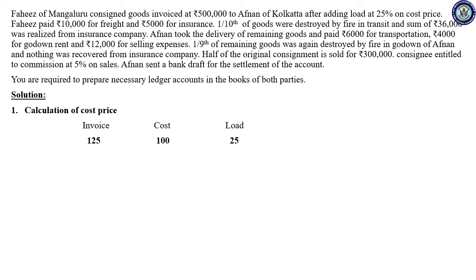Then you fill the values. You know what is invoice price. You don't know what is cost. Now you do the cross multiplication. You will get to the cost price.